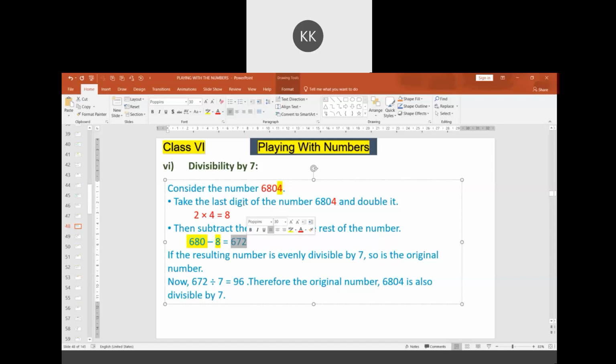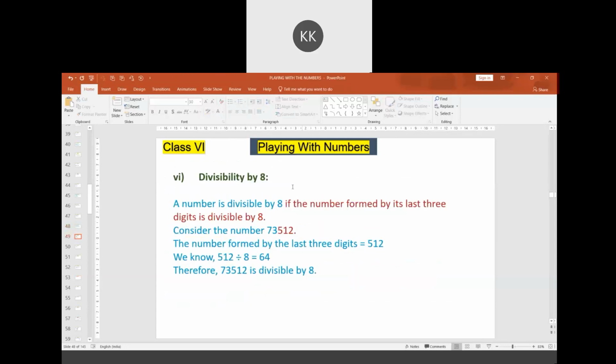We get the result as 672. Now I am dividing 672 by 7, and it is exactly divisible by 7. If this difference is divisible by 7, then the complete number is divisible by 7.